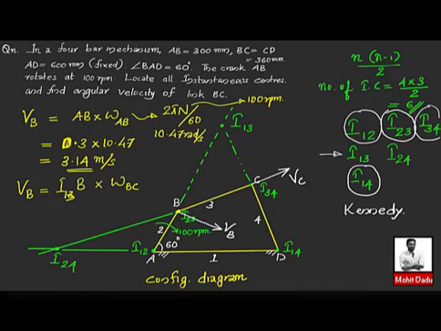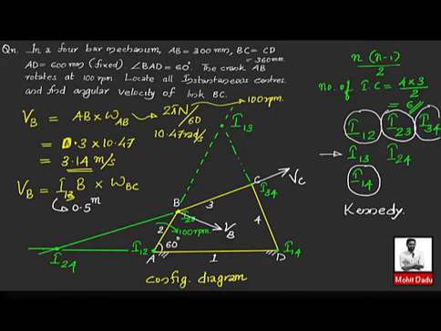Omega BC you have to evaluate. So you measure the distance I13B and convert it using the scale. After scaling, this will be equivalent to 0.5 meter.